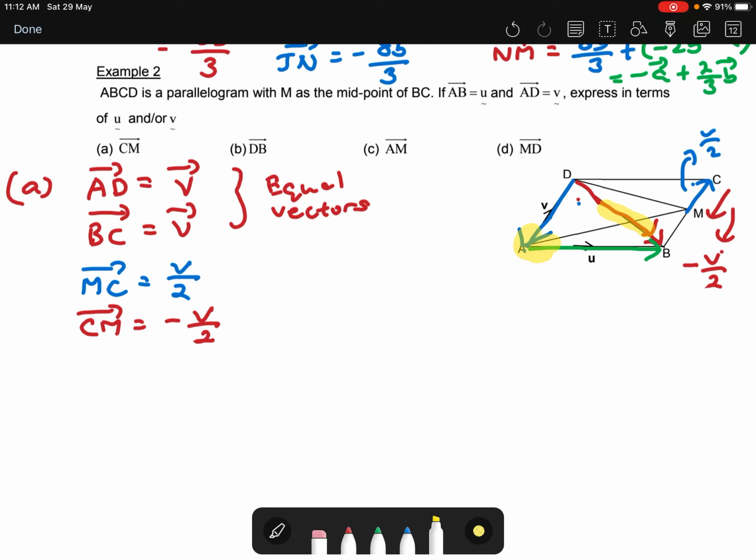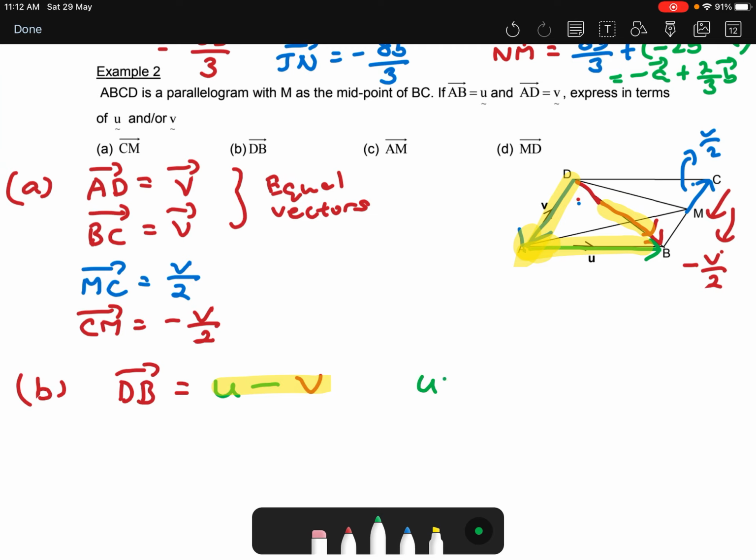So see whether I fulfill the second criteria. So blue path, green path, then stop already. Okay, so yeah, this will be my answer. So B will be DB, right? DB is equal to U minus V. Because I flip it, so I need to put a negative sign.